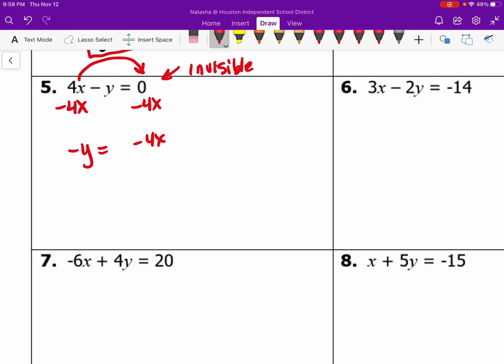Now we're going to divide and flip our numbers by the negative 1. So this becomes y is equal to 4x. Don't forget your x. Okay? Now, if you notice, and hopefully you're starting to see a trend here, this number, this constant without a variable, will be related to your y-intercept.